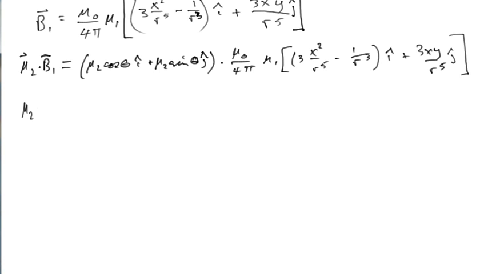Mu2 dot B1 equals, in this first piece I got the I dotted into I is going to give me 1, and then it's all that stuff multiplied together, including the mu0 over 4 pi times mu1, and then times mu2 cosine of theta, then times this stuff in the parentheses.